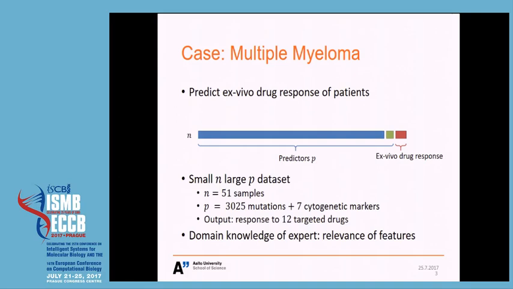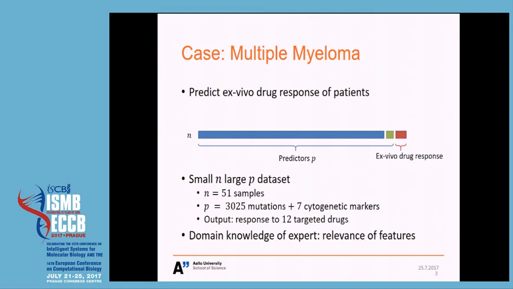So in this type of data, in many omics data, there lies a challenge which Anna Goldenberg already brought up earlier today in her great talk, and many of us have talked about before, that we have far too few samples and too many predictors so that we could learn efficiently from the data.